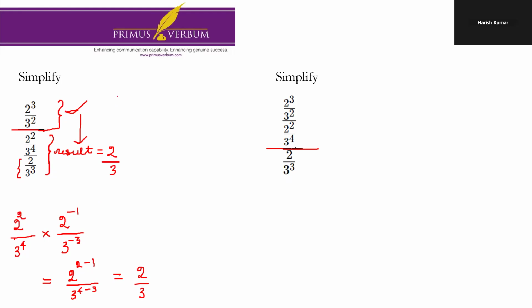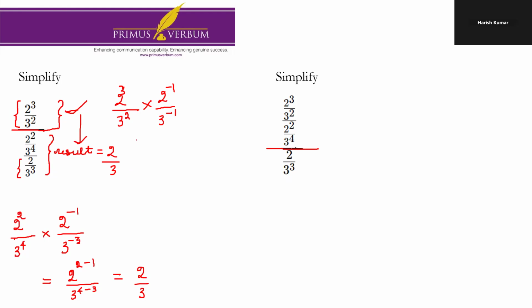So now I'm going to divide this topmost fraction, which forms the numerator of this nested fraction, by 2 by 3. Instead, I'll multiply by 2 raised to the power minus 1 divided by 3 raised to the power minus 1.